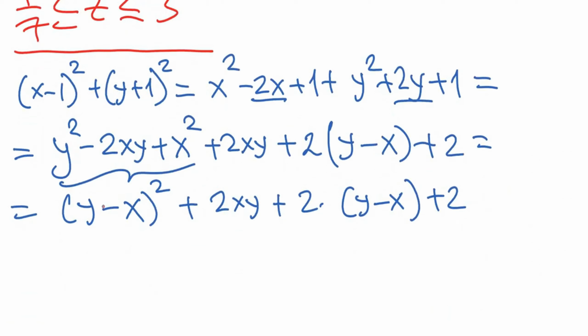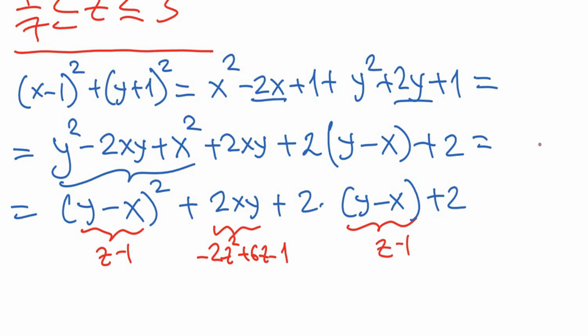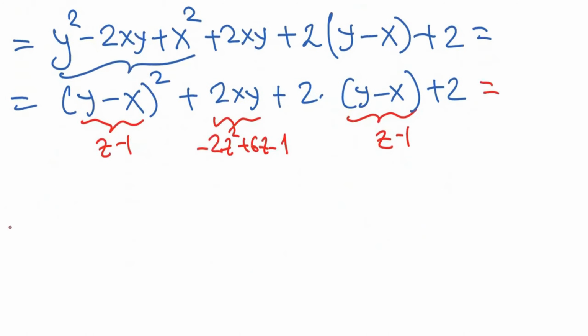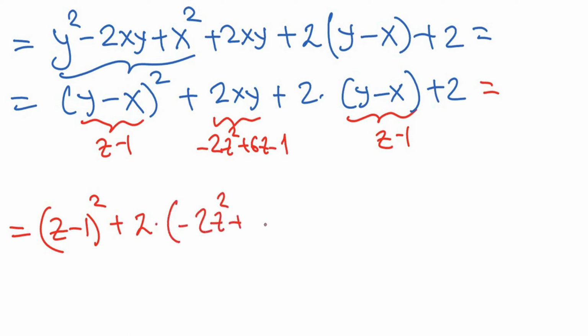This is going to be equivalent to (z minus 1) to the power of 2 plus 2 times (minus 2z squared plus 6z minus 1) plus 2 times (z minus 1) plus 2.